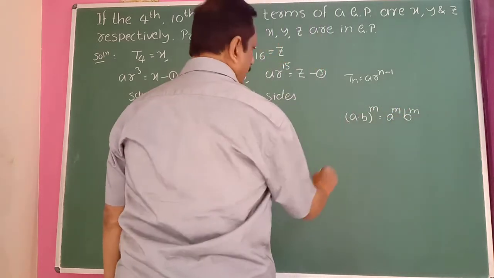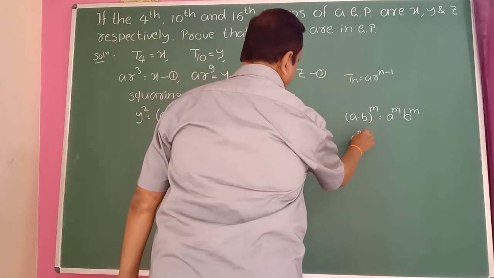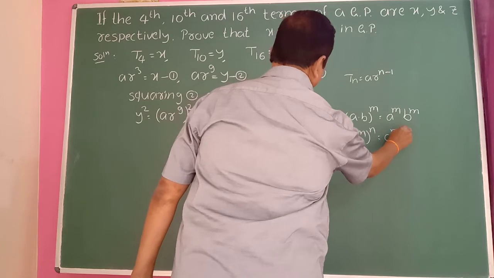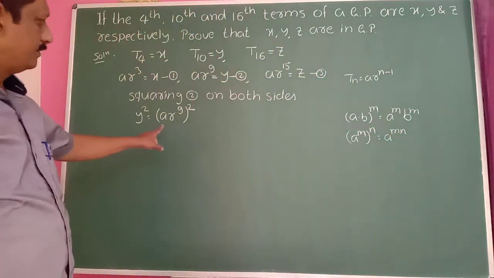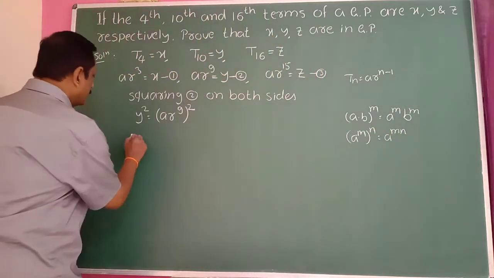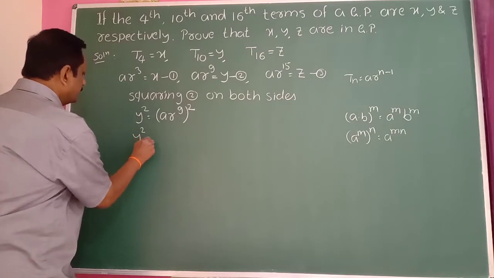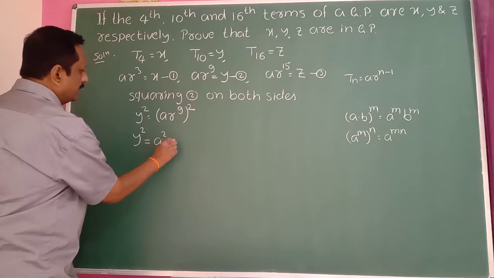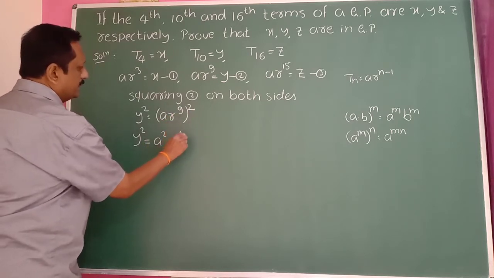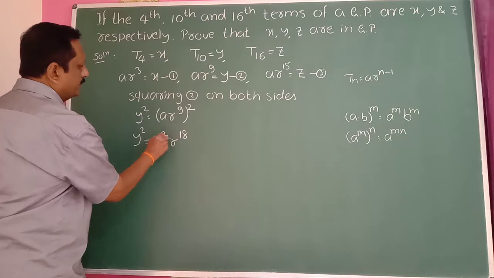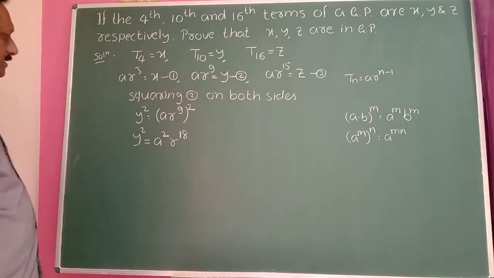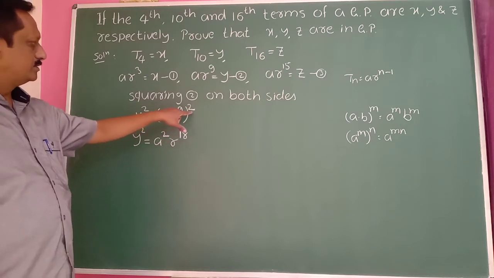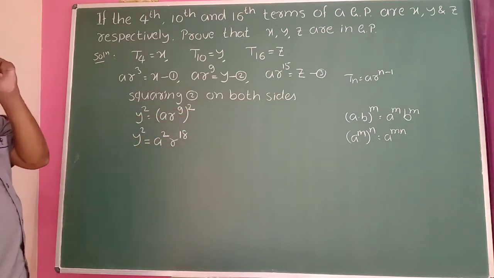Then A raised to m raised to n is equal to A raised to m into n. So we are using both formulas here. So y square is equal to A square, and R raised to 9 into 2, that is R raised to 18.